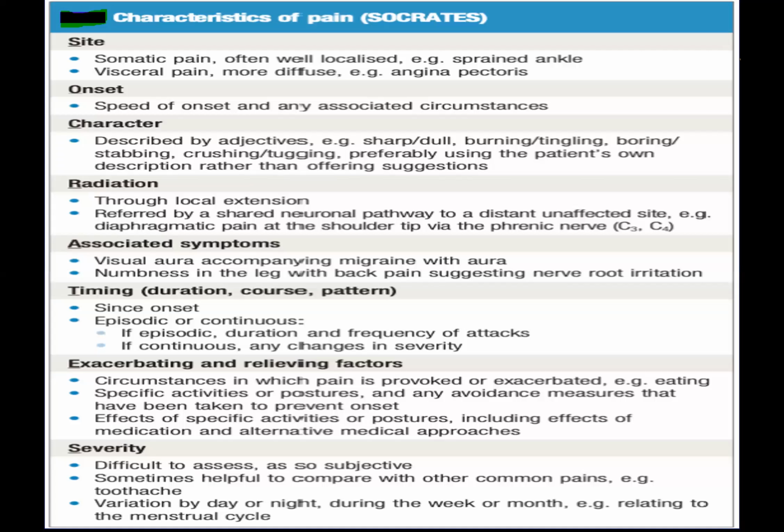If continuous, any changes in severity, exacerbating and relieving factors, circumstances in which pain is provoked or exacerbated, example, by eating, specific activities or postures and any avoidance measures that have been taken to prevent onset, effects of specific activities or postures, including effects of medication and alternative medical approaches.